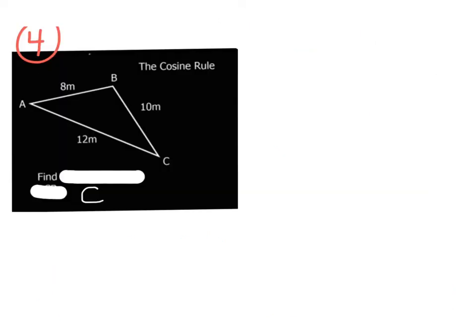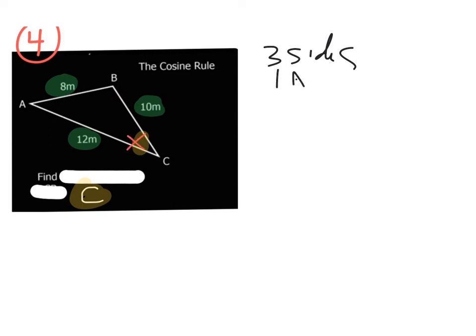And now number 4, here they're giving you all 3 sides of the triangle. Here they're asking you to find angle C. So here we have 3 sides and we're trying to find one angle. So 3 sides and one angle tells you we're using the law of cosines.